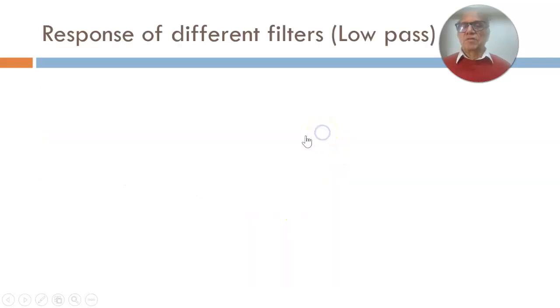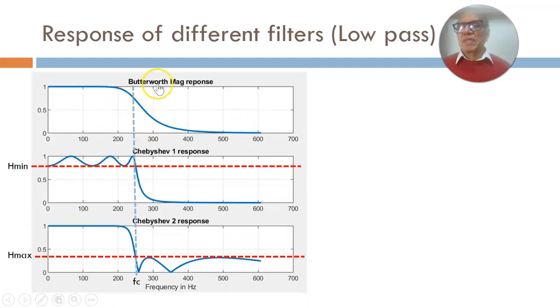Okay. So let me show you the response of different filters. This is the Butterworth magnitude response. Note that we are discussing the magnitude response for all three filters here. On the x-axis, we have plotted frequency in hertz, which is the frequency of the corresponding analog signal. In this particular case, we are assuming a frequency of, say, 250 hertz.